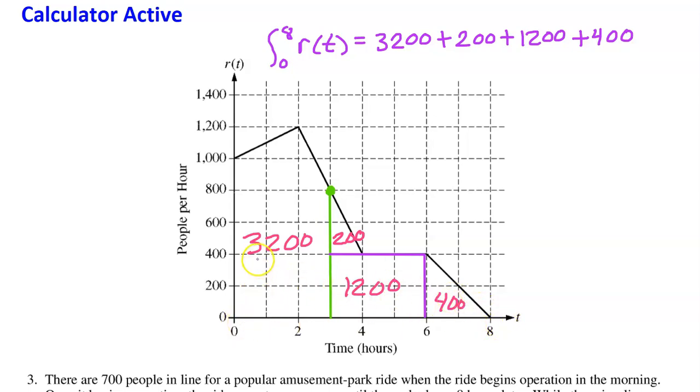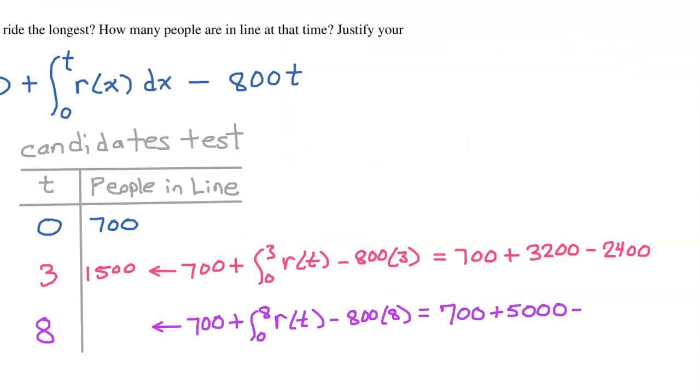We can start with the 3,200 area that we found previously, but then we need to find the rest of the area. So dividing the rest of the area up into triangles and rectangles, we get 1,200, 200, and 400. So the total integral can be found by adding all of these areas together, which turns out to be 5,000.